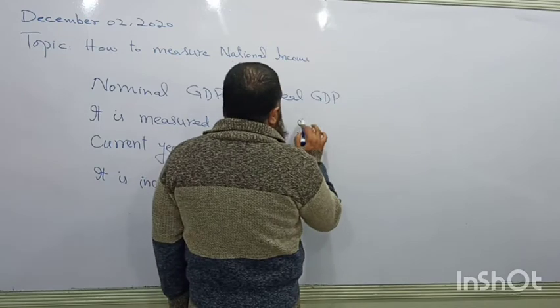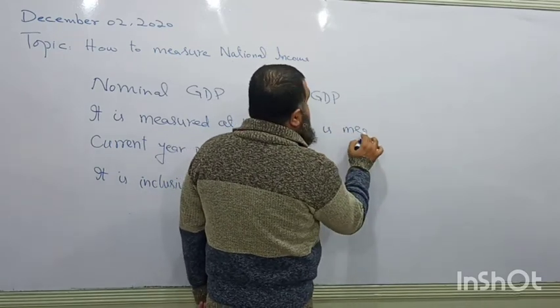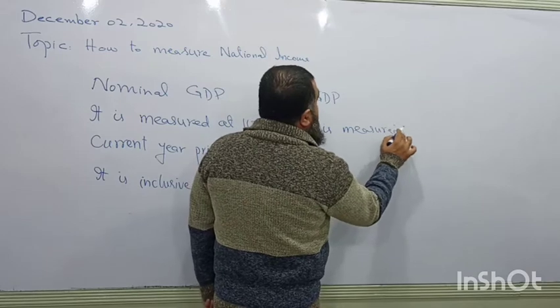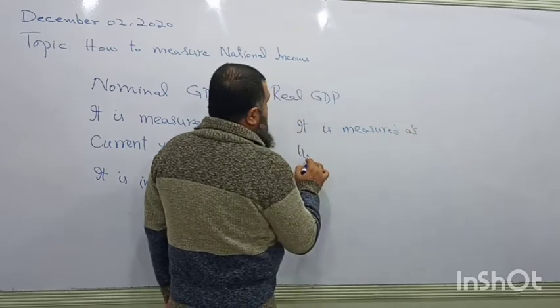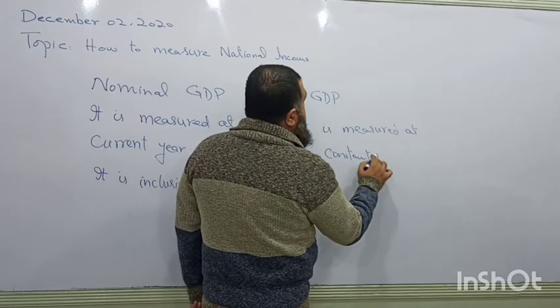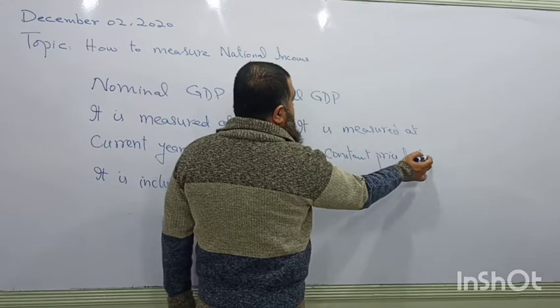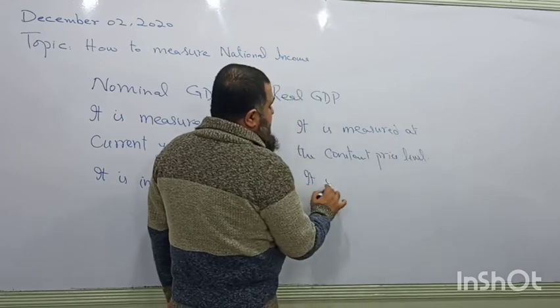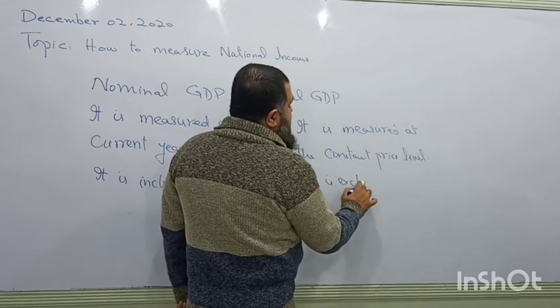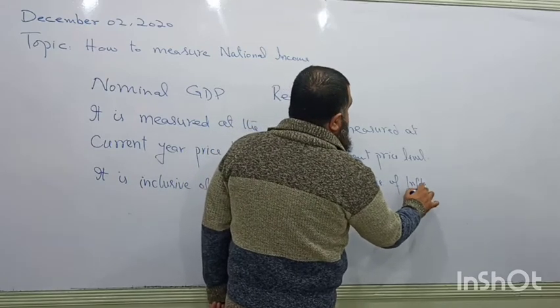Now, what is the real GDP? It is measured at constant price level. You can say at base year prices, it is exclusive of inflation.